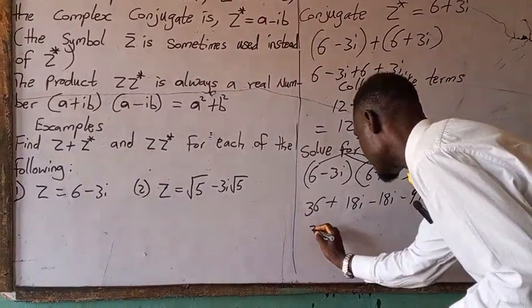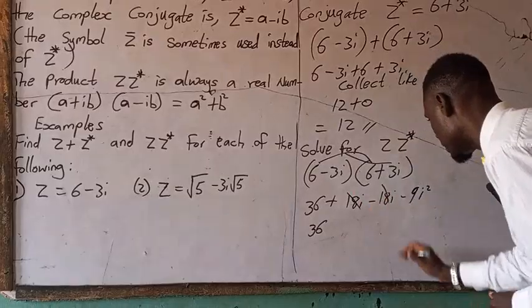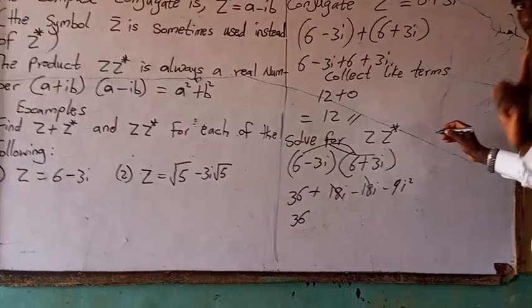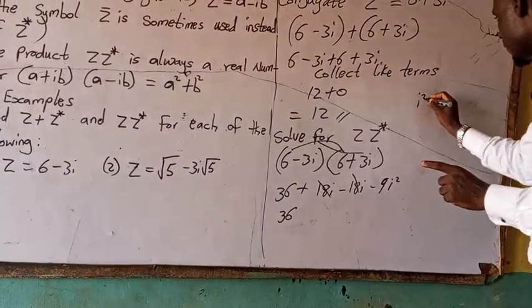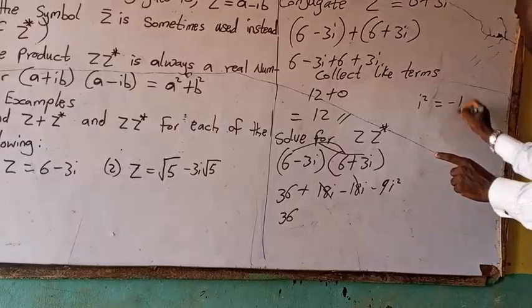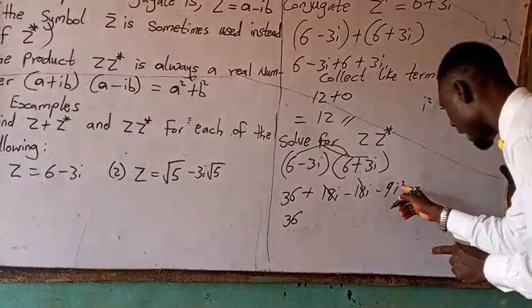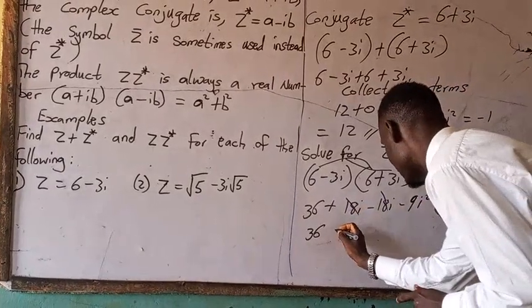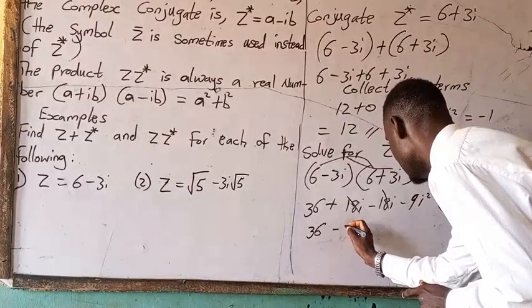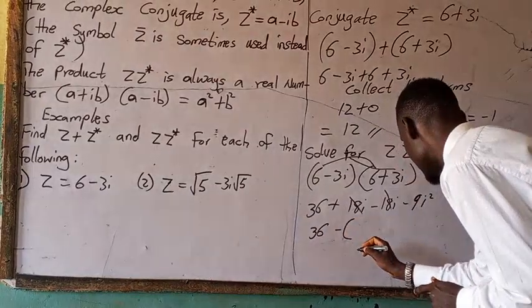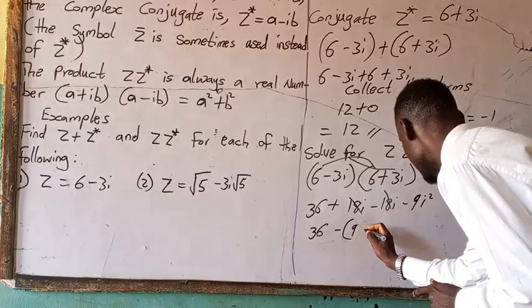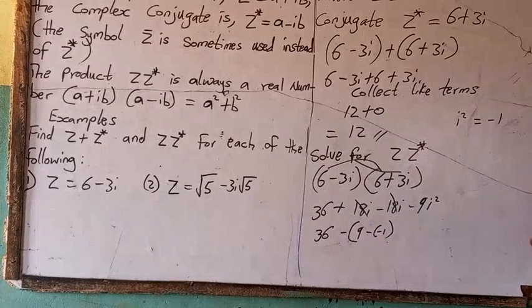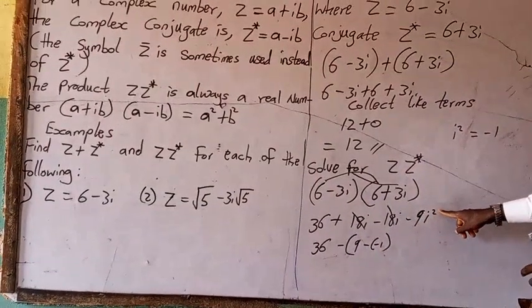So we have 36, and this will cancel this. And you remember previously, recall that i squared is equal to minus 1.